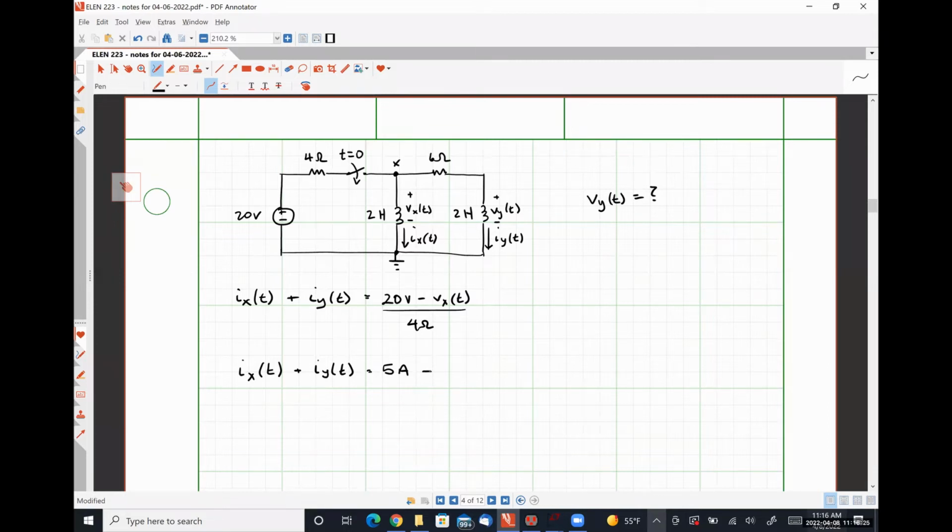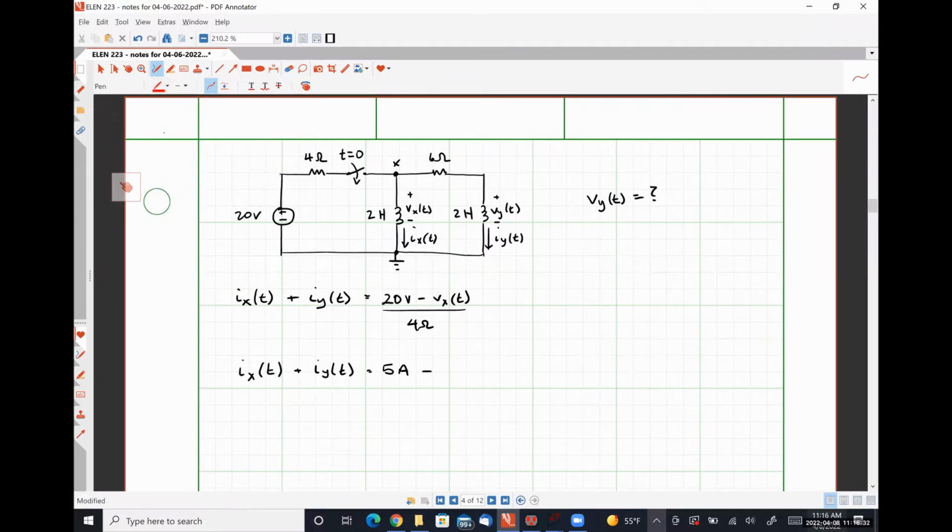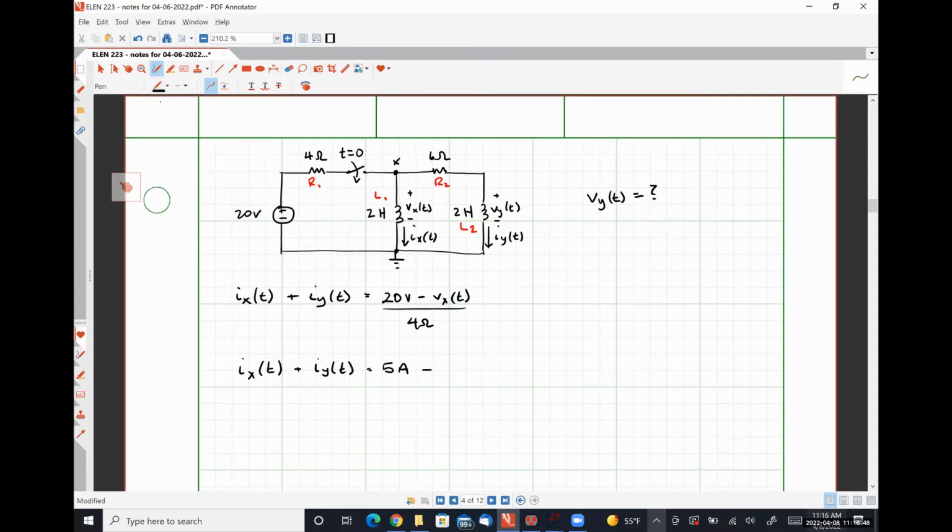Vx. Oh, actually, hold on. Before we even do this, I want to do one thing here. My apologies. I'm going to call this resistor R1, this guy R2, this guy L1, and this guy L2, so that I can do it symbolically so that I don't wind up making a simple algebraic mistake later on. So I'm going to erase this 4 ohm bit here and call it R1.